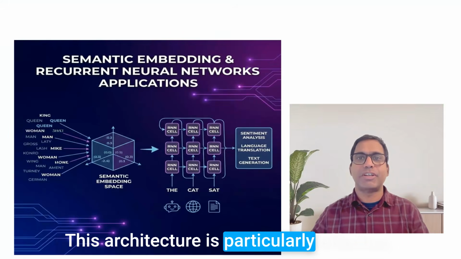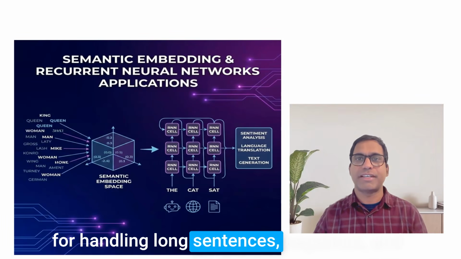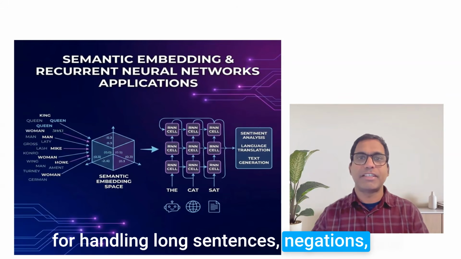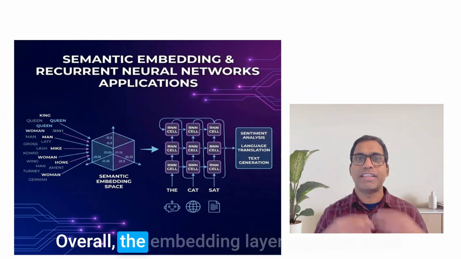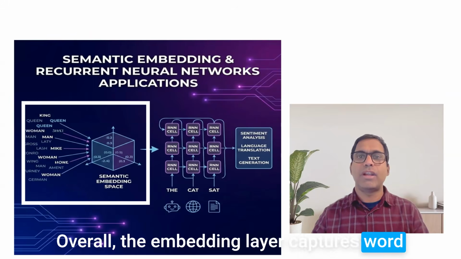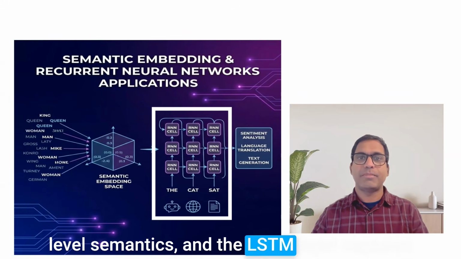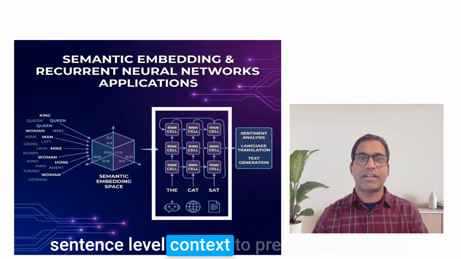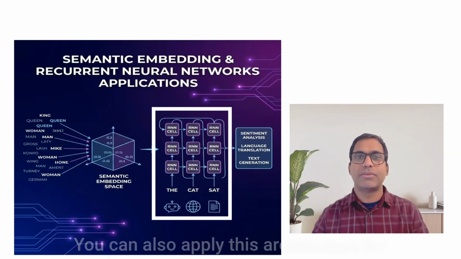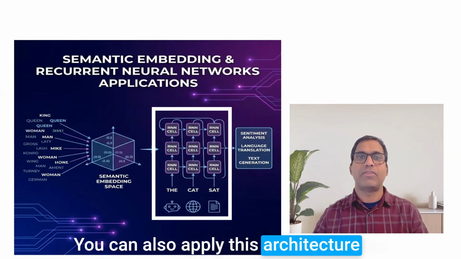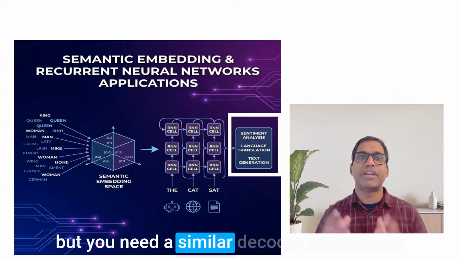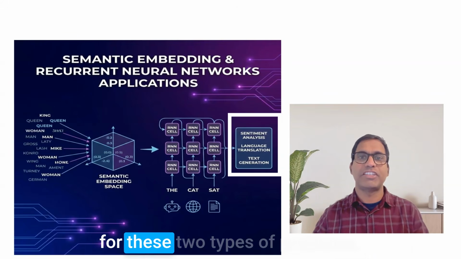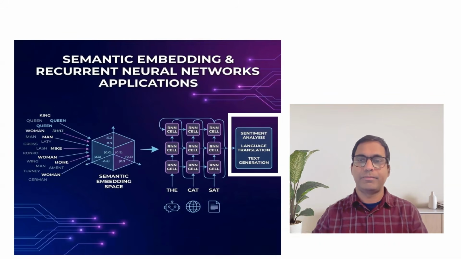This architecture is particularly effective for handling long sentences, negations, and subtle differences in sentiments in text data. Overall, the embedding layer captures word-level semantics and the LSTM layer captures sentence-level context to predict sentiments. You can also apply this architecture for language translation and text generation, but you need a similar decoder architecture for these two types of problems.